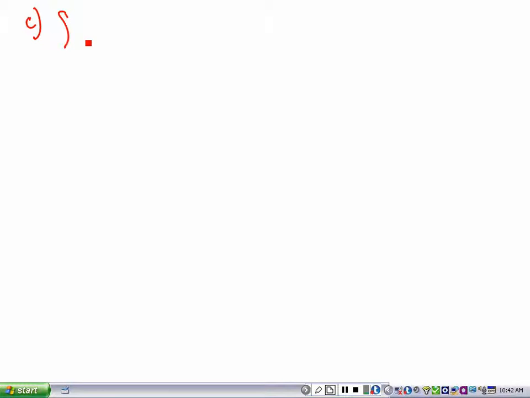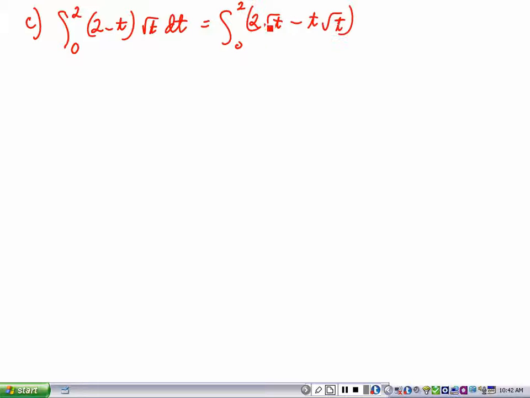We have the integral from 0 to 2 of 2 minus t times the square root of t dt. Let's distribute that square root of t throughout. So we have the integral from 0 to 2 of 2 times the square root of t minus t times the square root of t dt.